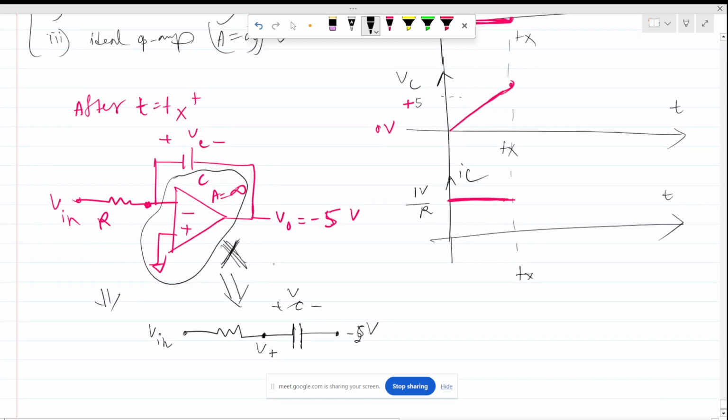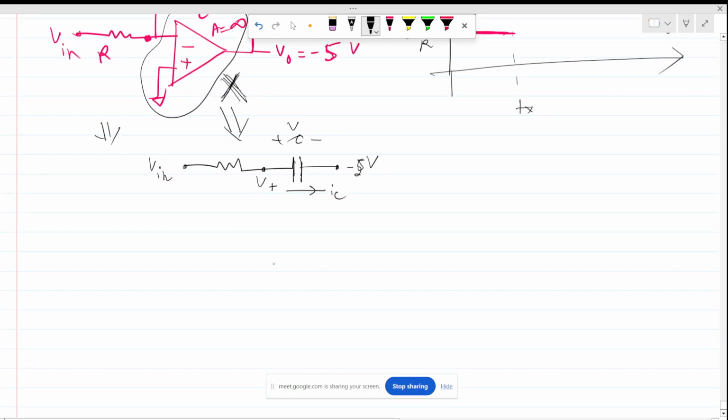Now, what do you think? What will be the V plus and the VC and the IC? So this is IC. This is a normal RC filter, na? So please tell how much this node potential can go, V plus. At steady state, what will be the case?